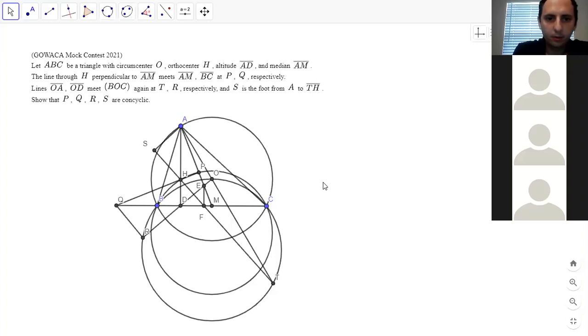DE over EO and DF over FM. Which the power ratio lemma? Normal ratio lemma.